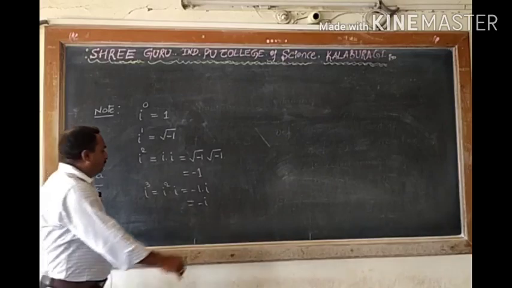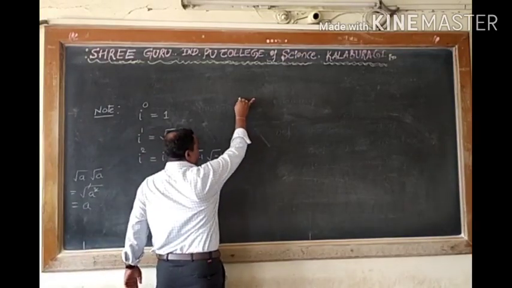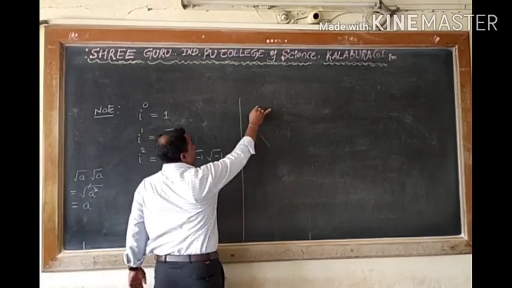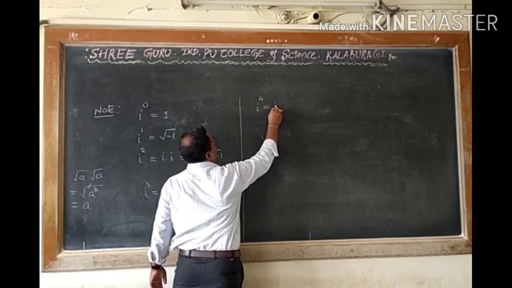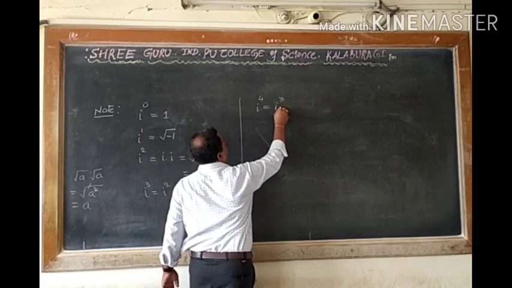Next, i to the power 4. i to the power 4 can be written as i cubed into i.